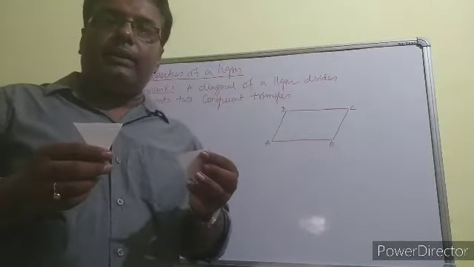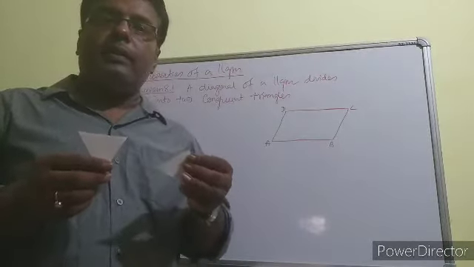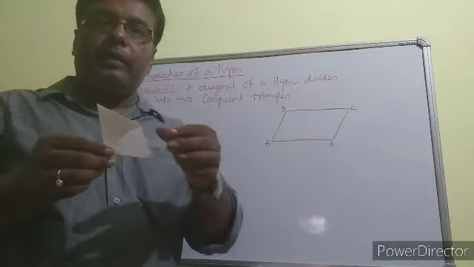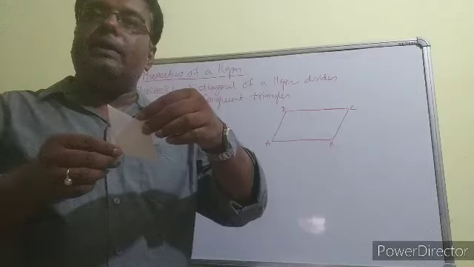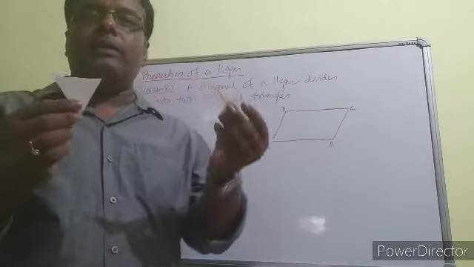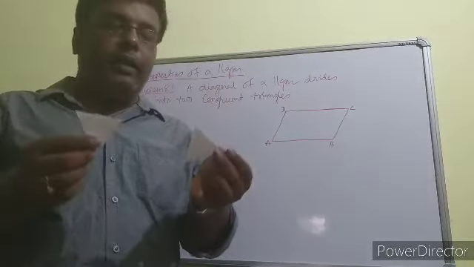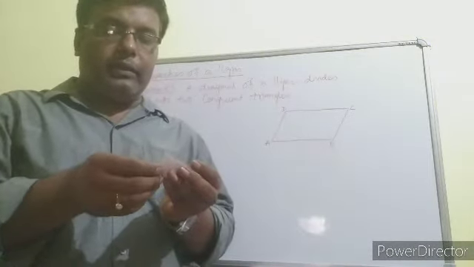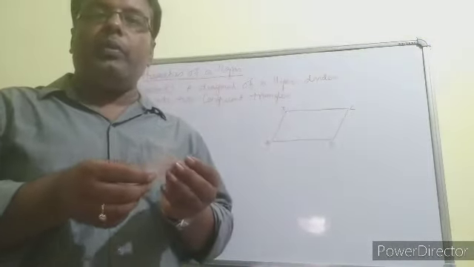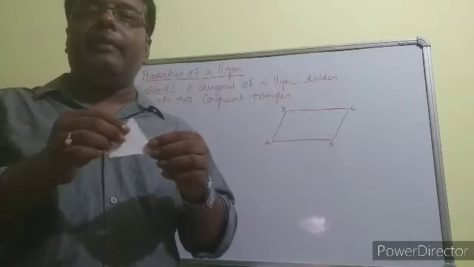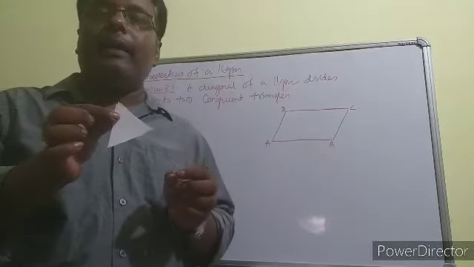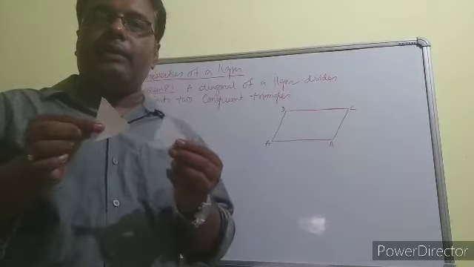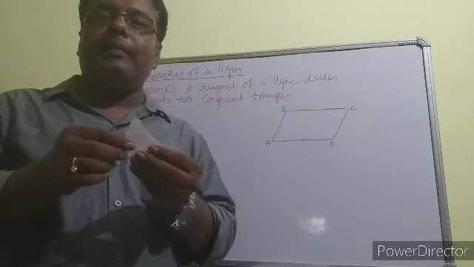We cut this parallelogram through its diagonal, and now we get two triangles. Now if we put one triangle on another, then they become exactly the same. That is, these two triangles are exactly the same.